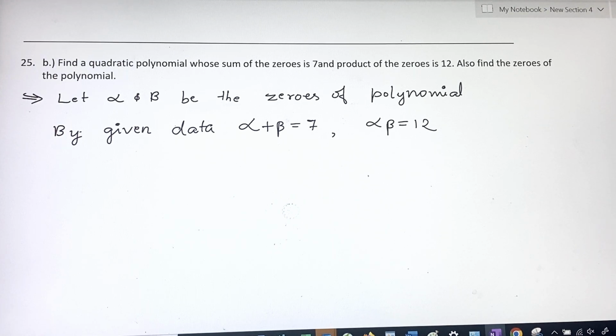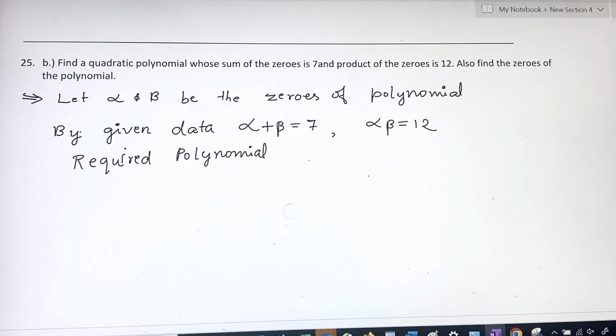Now what is the required polynomial? The required polynomial is x square minus alpha plus beta x plus alpha beta.